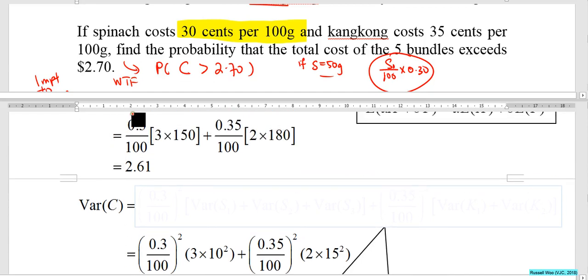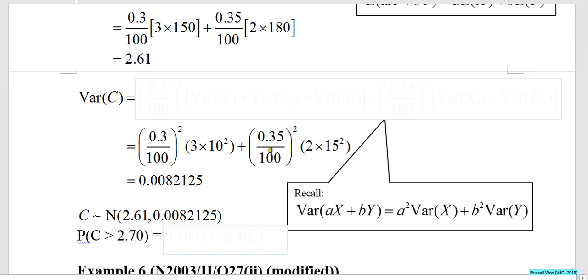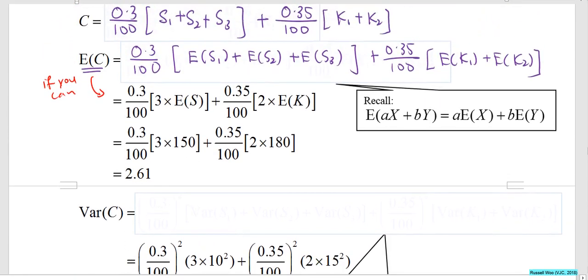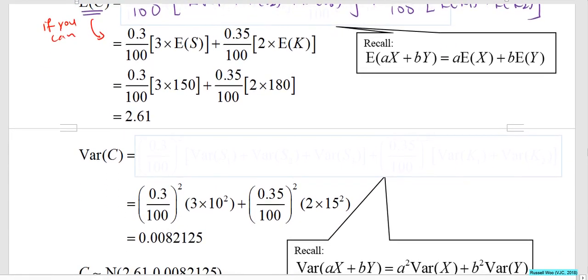Can you have attention, please? But for variance, I would really suggest that you must be a bit more careful. I suggest you still write this out. What is the variance of C? The variance of C is 0.3 over 100 squared. Please remember the square.